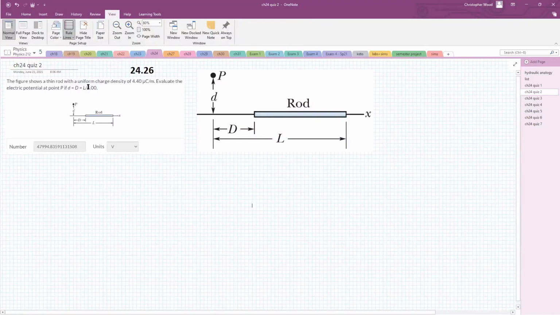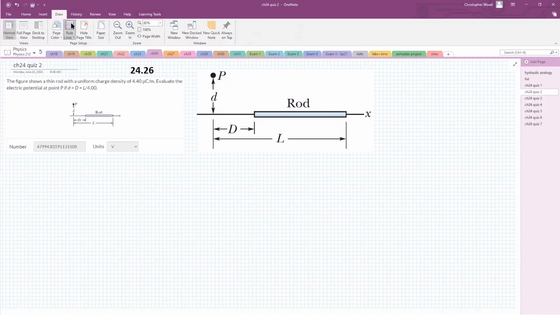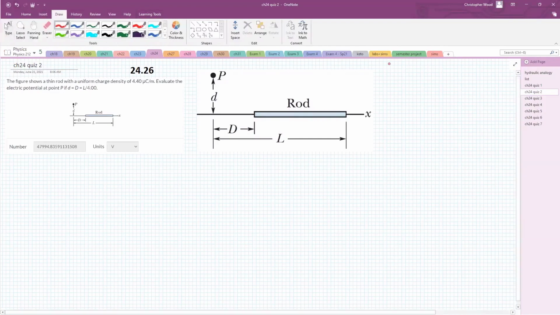But just to repeat, we're going to deal with the voltage due to a point, the voltage due to one or more points, the voltage due to a line of charge, the voltage due to a charged surface. And last but not least, we're also going to be dealing with potential energy, electrostatic potential energy.